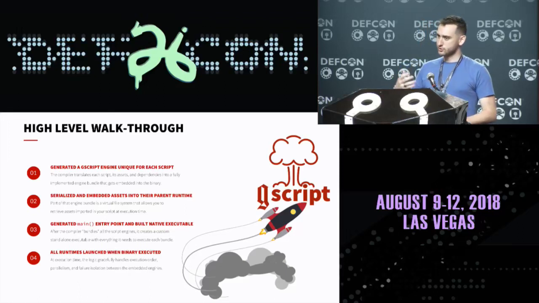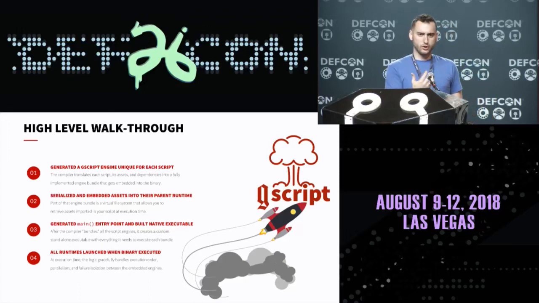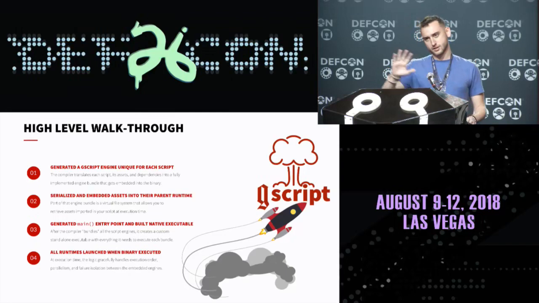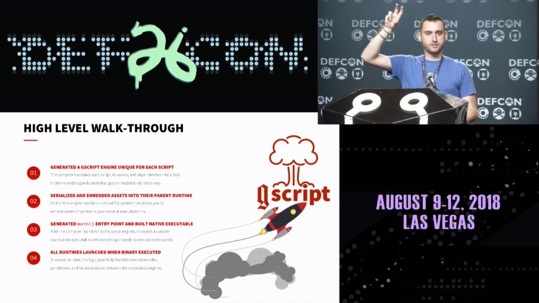A high-level walkthrough, here's what happens. When you use the compiler in that three-step process we just showed, the very first thing that happens is the compiler creates essentially representations of engines within memory for each of the scripts that you pass into it.